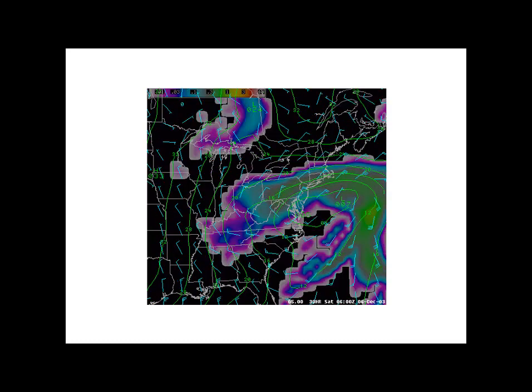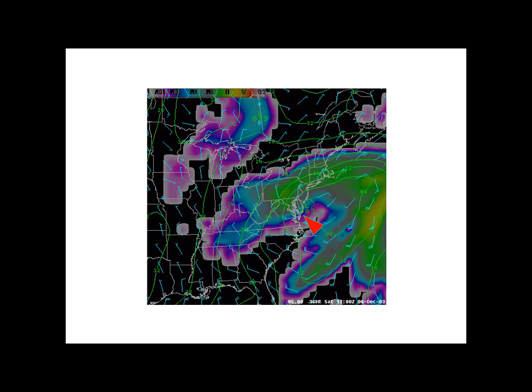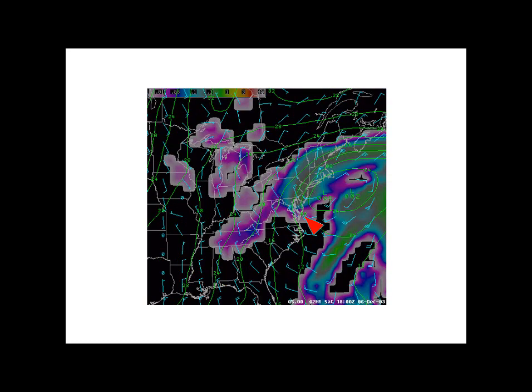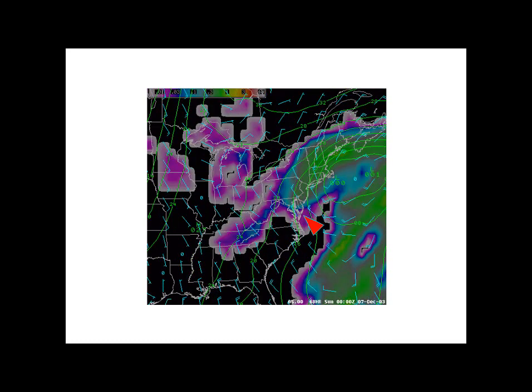Let's advance forward, and by this time the low to the west pretty much goes away, and we now have a primary low along the coast. As we go forward in time, it moves slowly towards the northeast, and we see a shield of pretty heavy precipitation over our forecast area.